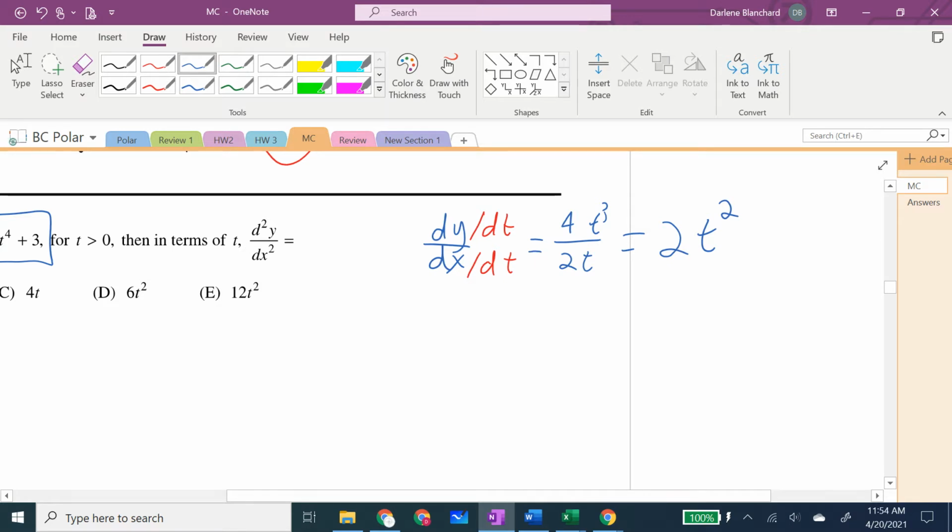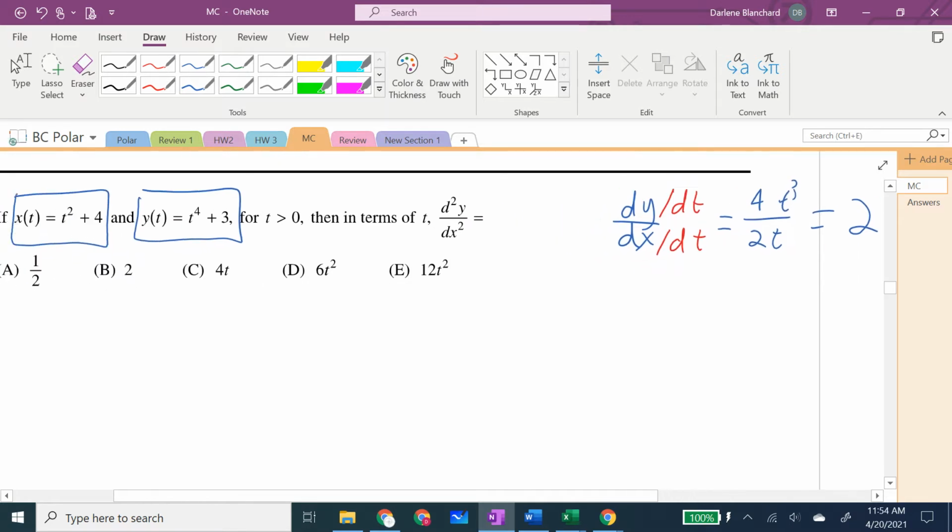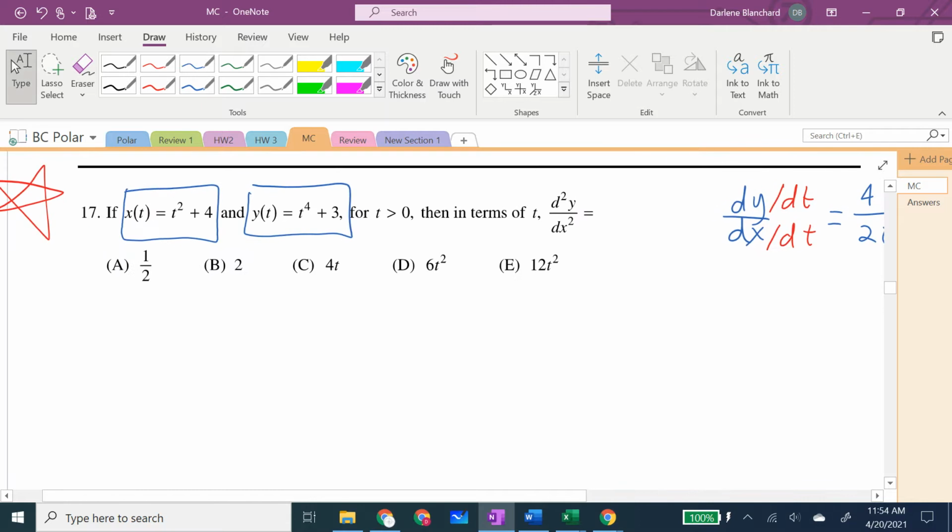I don't know if wanting you to make is the right phrase, but you have to know before you even get started with this that when you see second derivative of y with respect to x, you're doing parametric or vector. That means when you do the second derivative, you are in danger.